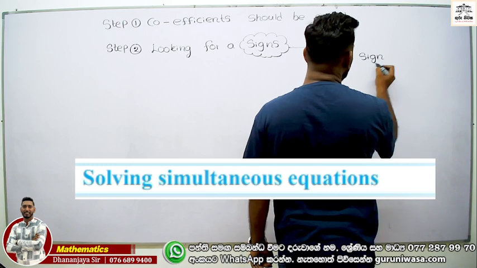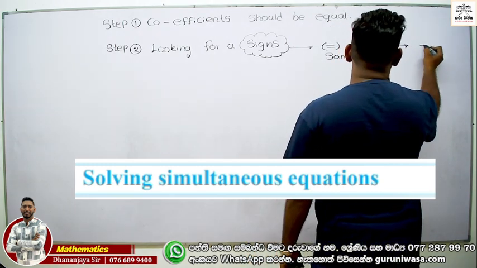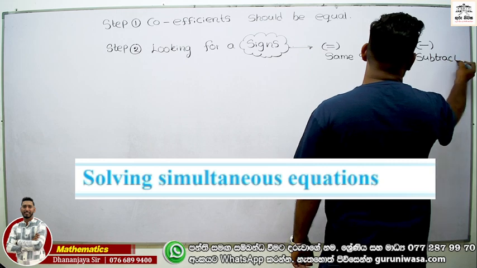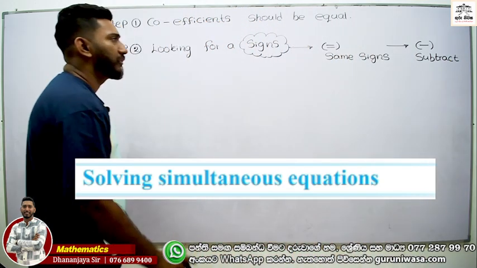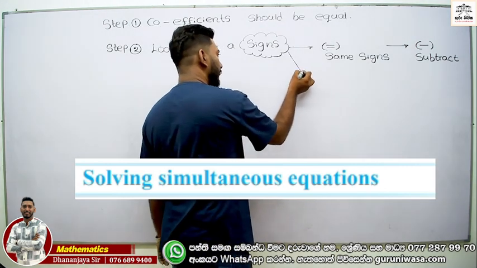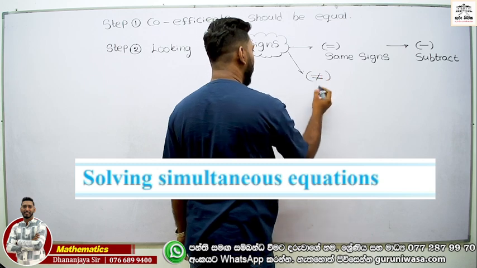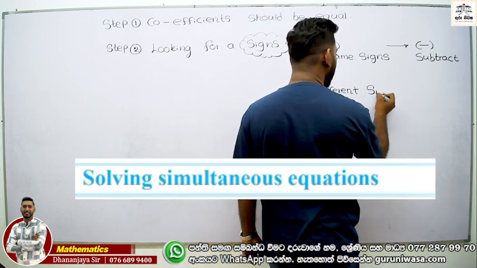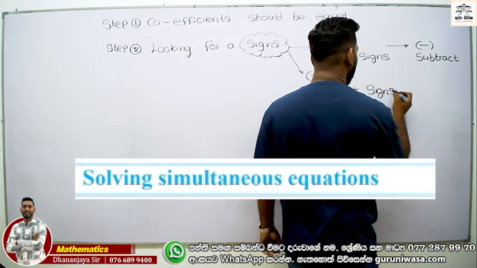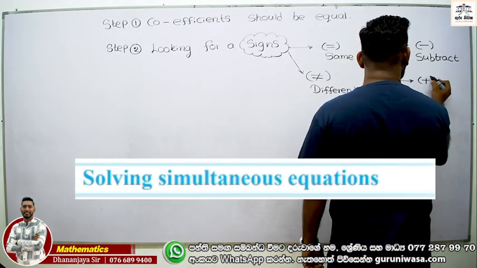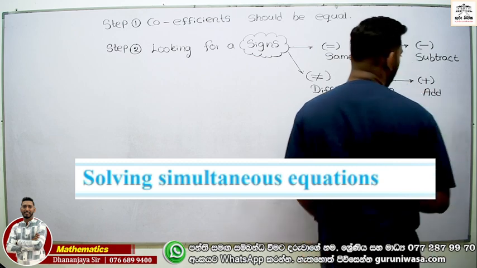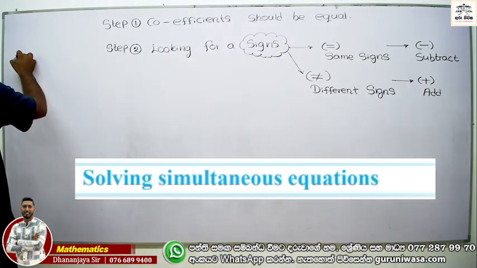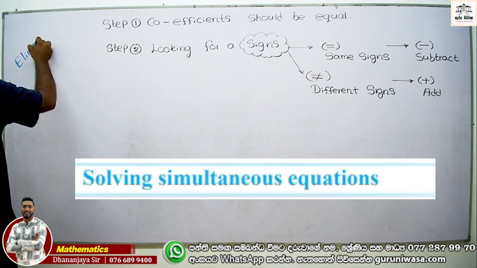We have same signs, we are going to subtract. We have equal signs, we are going to subtract. As well as, we have different signs, we are going to add. And this method we call the elimination method.